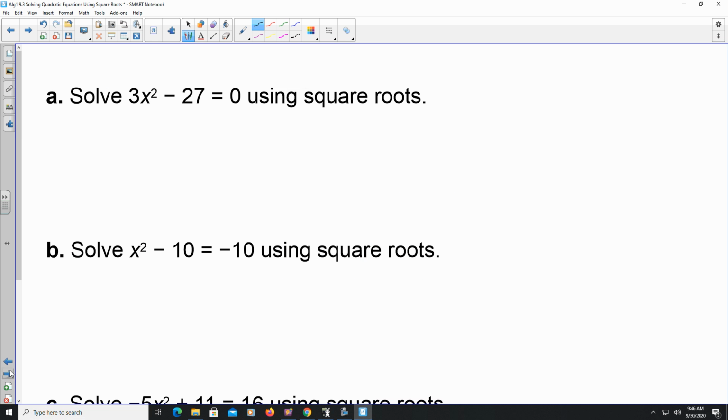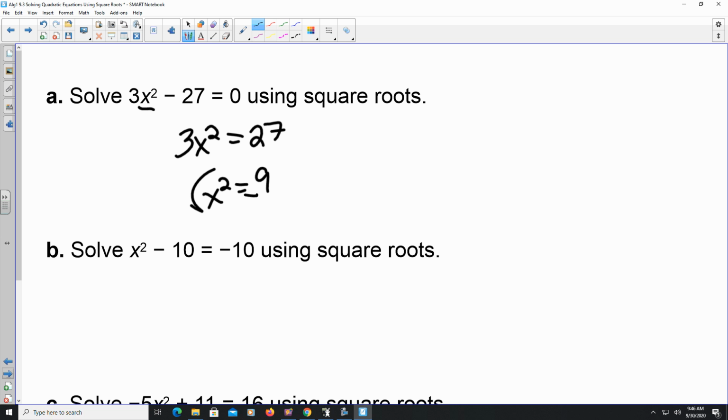So here they're asking us to solve using square roots. You have to isolate this x squared. So you're going to add 27. So it's going to be 3x squared is equal to 27. Divide by 3. X squared equals 9.